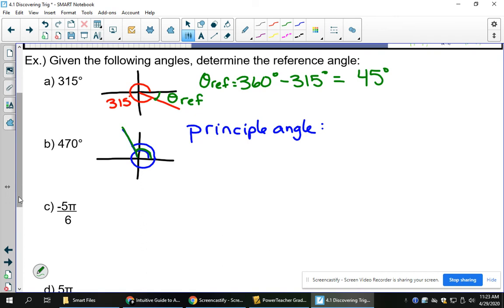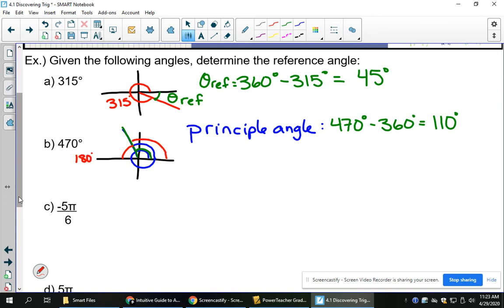So I'm going to take 470 and I'm going to minus a full circle to get me back within one circle on the Cartesian plane, which basically puts me back within the math we did in Math 20-1. That gives me an angle of 110 degrees, a little bit easier to work with. Now, 110 degrees going to the nearest x-axis is going to be how far away? Well, this line is 180.